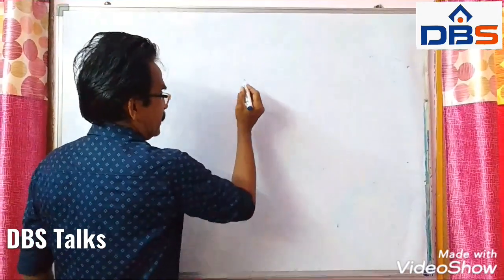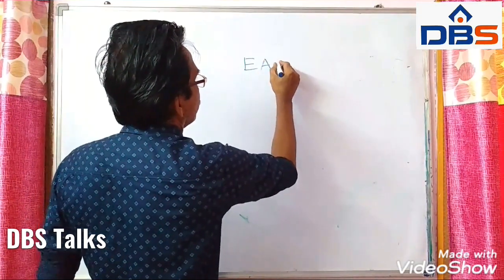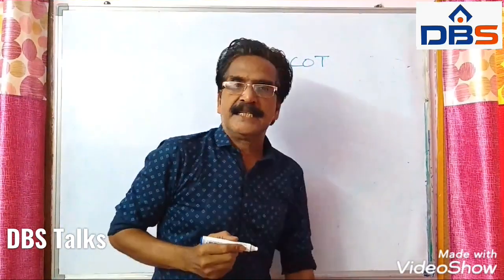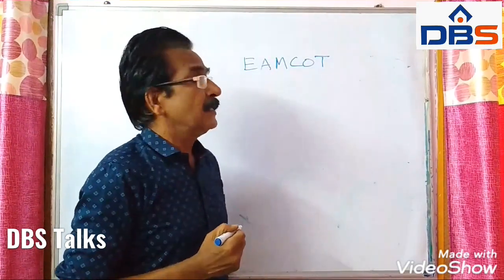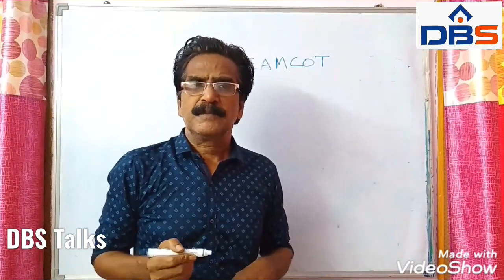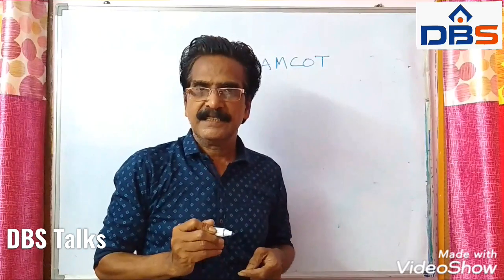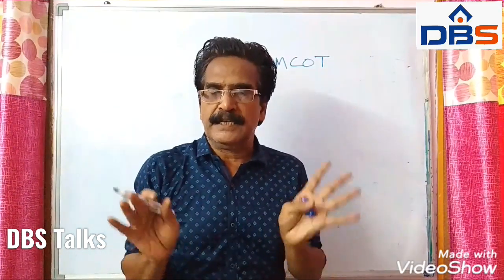In how many ways can the letters of the word MCOT, or MCET, anything, be rearranged such that the condition is no 2 vowels should come together.